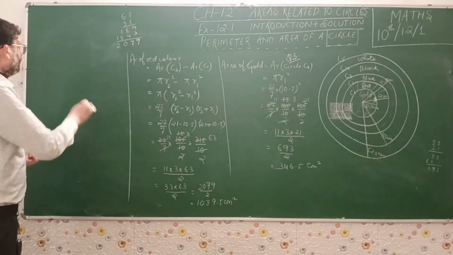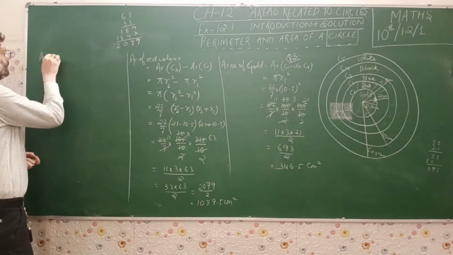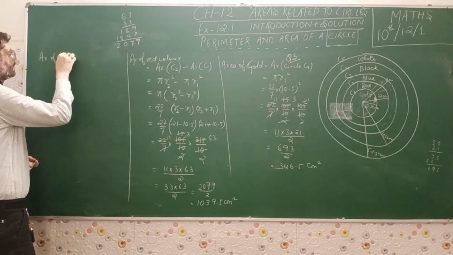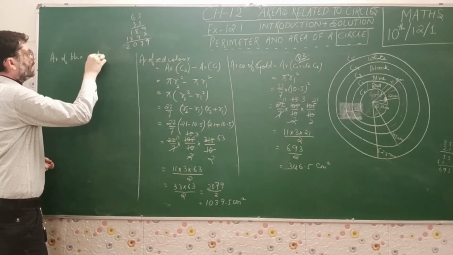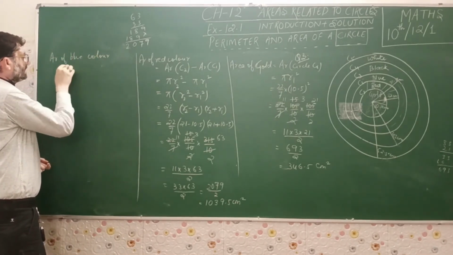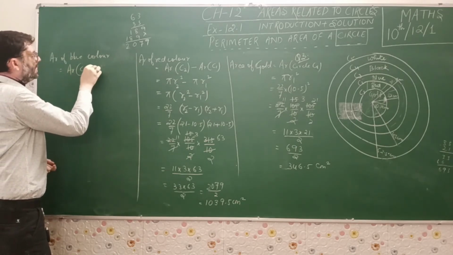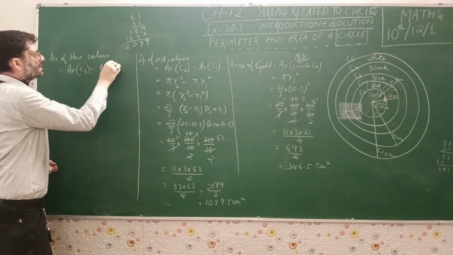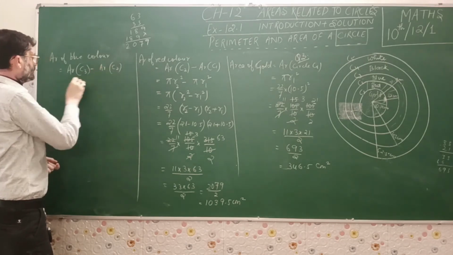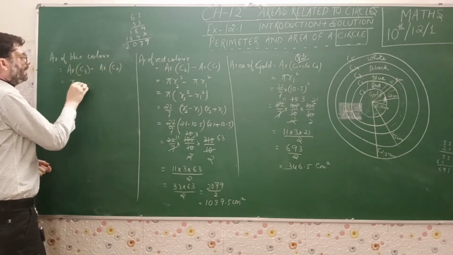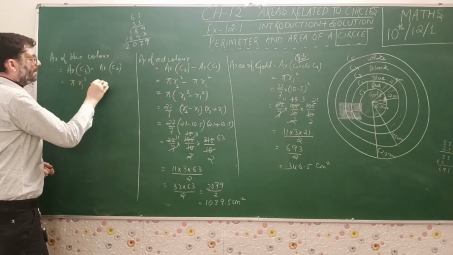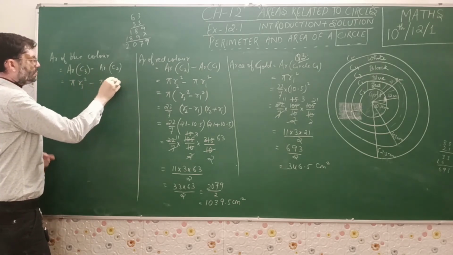So area of blue color is equal to area of the circle C3 minus area of the circle C2, which can be written as πR3 square minus πR2 square.